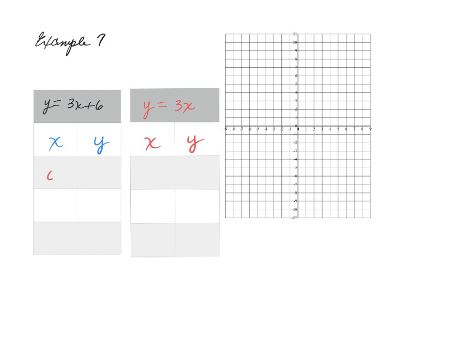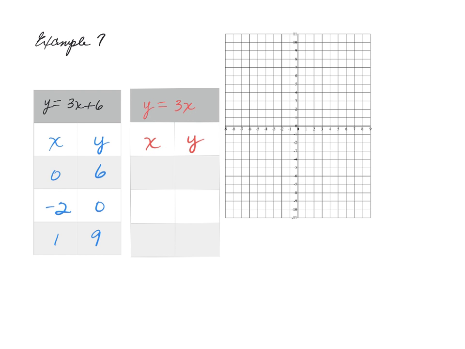I'm going to choose 0. If x is 0, y is 6. If y is 0, x will have to be, let's see, negative 2. Then if x is 1, y is going to be 9.